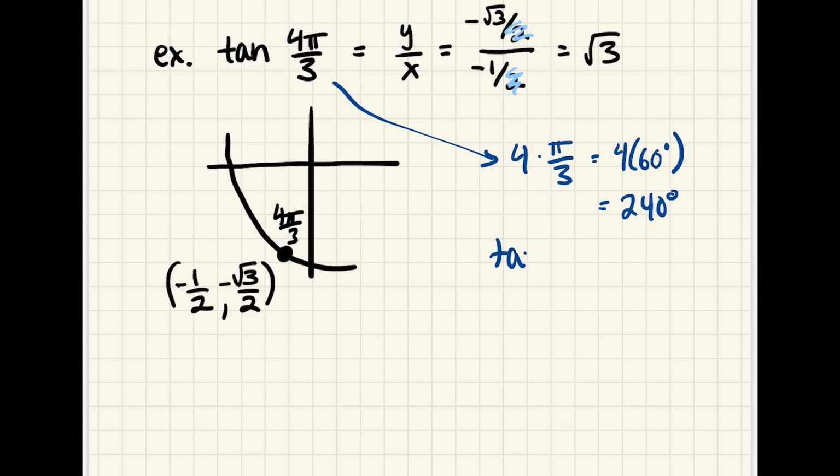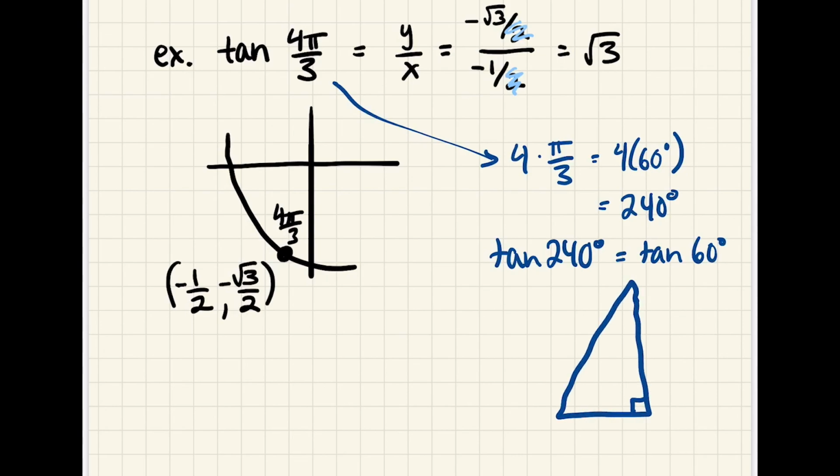So tangent of 240 is, in the third quadrant, going to be exactly equal to tangent of its reference angle because it's positive. The reference angle is 60, and now you call up a 30, 60, 90 triangle, and opposite over adjacent is rad 3 over 1, so you get your answer of rad 3. You can do that. I'm perfectly happy with you doing that.